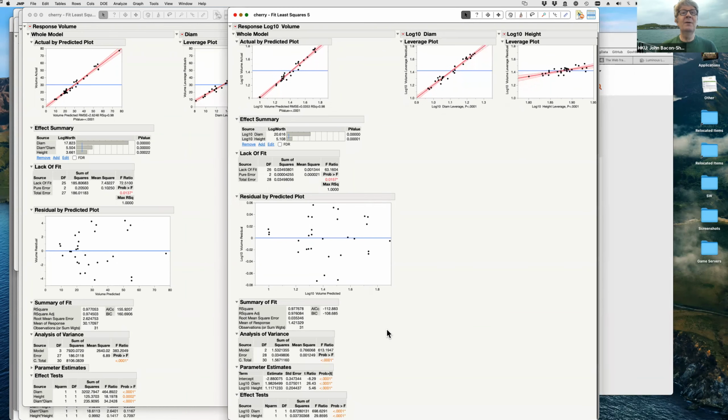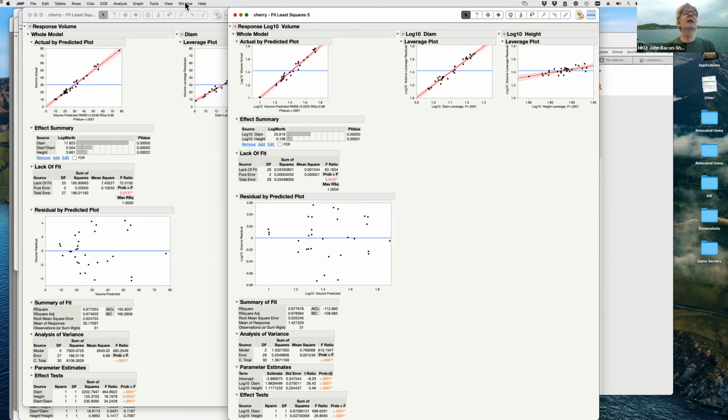So if we look at our parameter estimates, indeed, the coefficient for log diameter is 1.98 with a standard error of 0.07. So 2 is well inside the confidence interval for log of diameter. And log of height is a bit higher, it's 1.12, but the standard error is 0.2. So again, 1 is well within the confidence interval for the coefficient of log height.